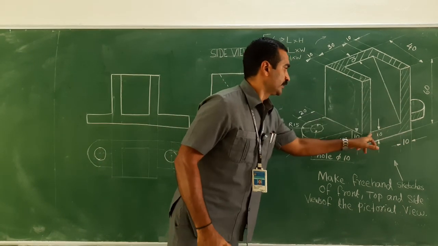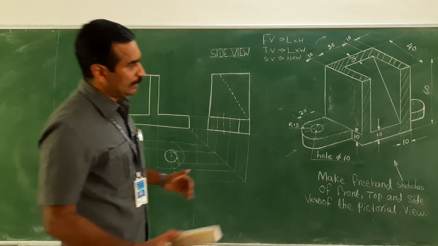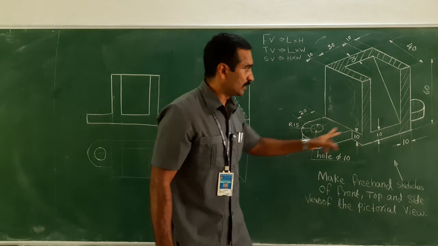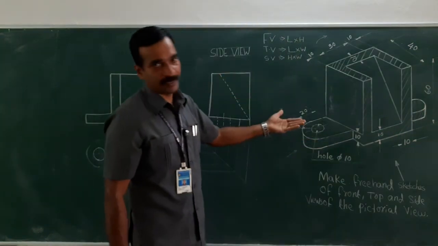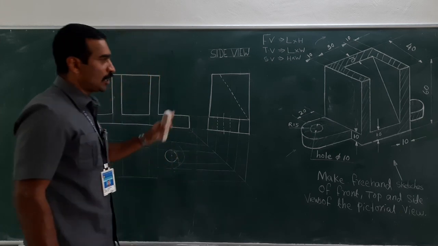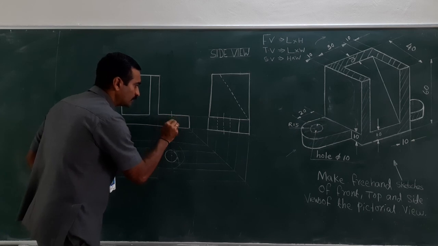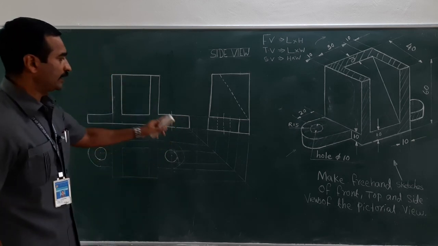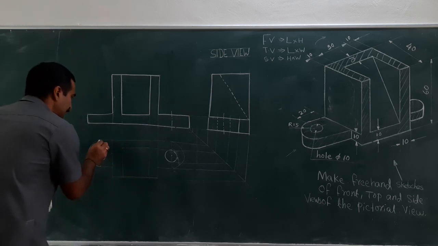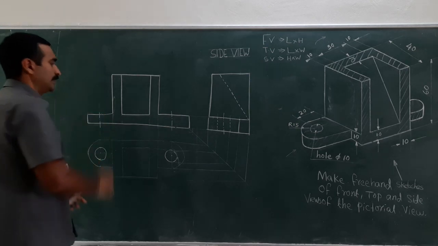This portion and the extreme left and right portions have been captured. When I look from the front, I can't see the circle because it is just behind or just within the object, which is invisible to me. So how can that be captured? Just extend this center line and mark it with long line, dash, long line, dot, long line, which represents the center of the circle. Right.